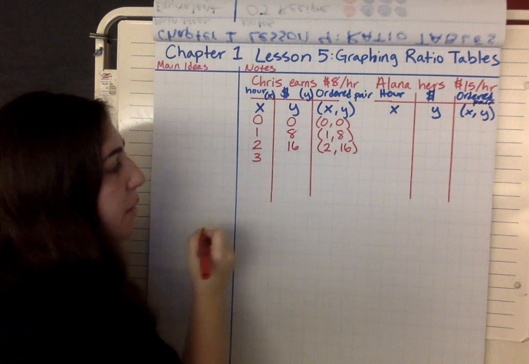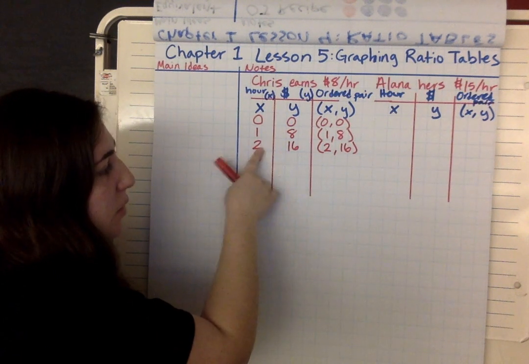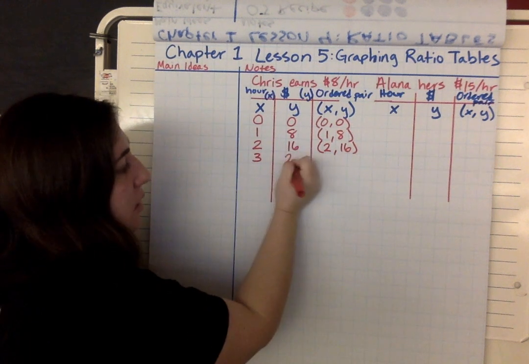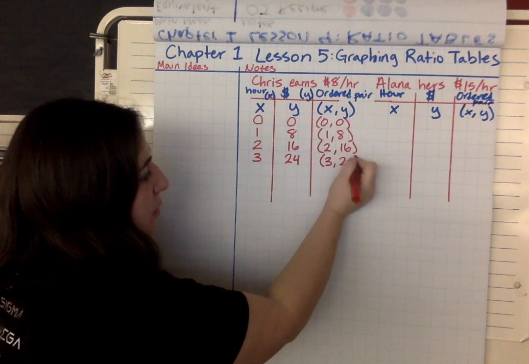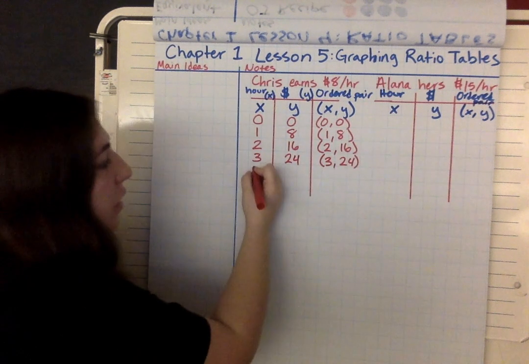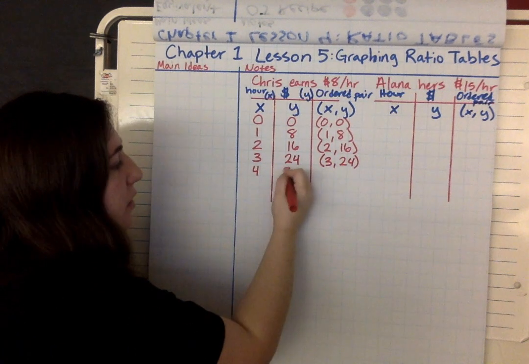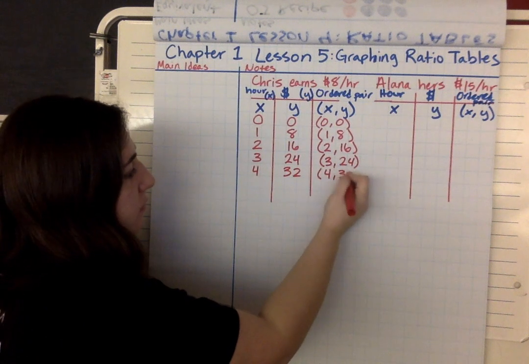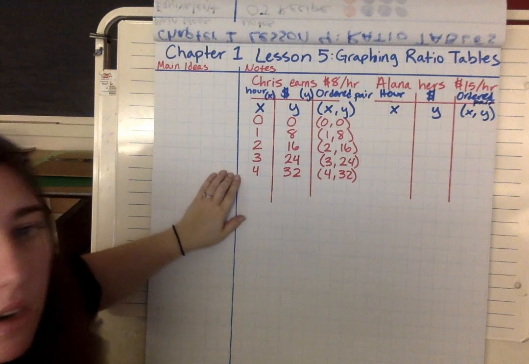If he works 3 hours, I'm going to add another 8 to this 16, because when he worked 2 hours it was 16. So if he works 3 hours, it's going to be 24, and my ordered pair is going to be (3, 24). I'll do one more. If he works 4 hours, he's going to make $32. And I'm done. I'm going to stop my data there.